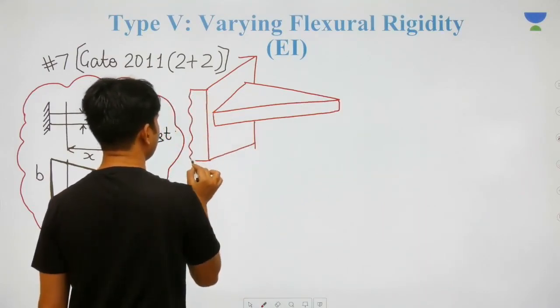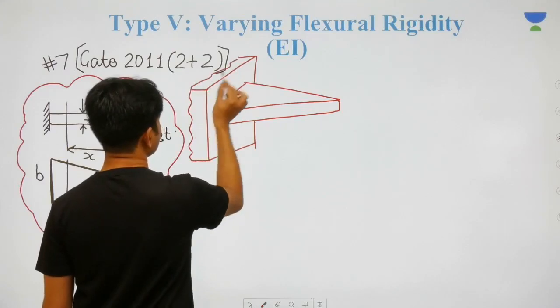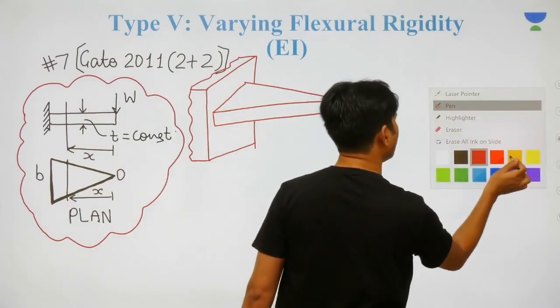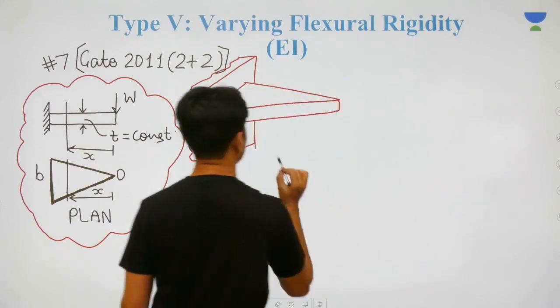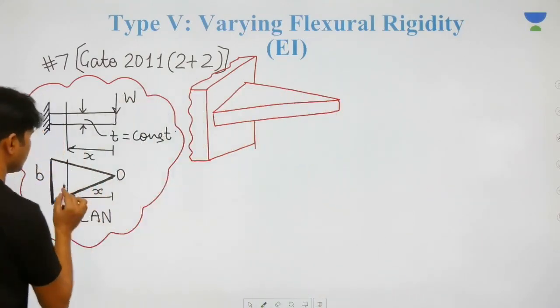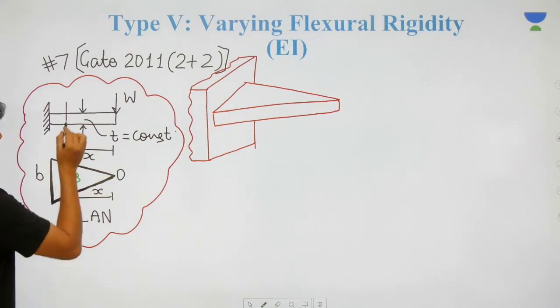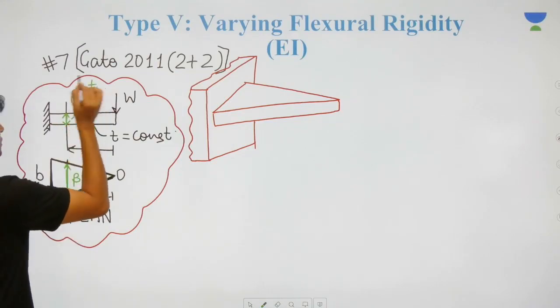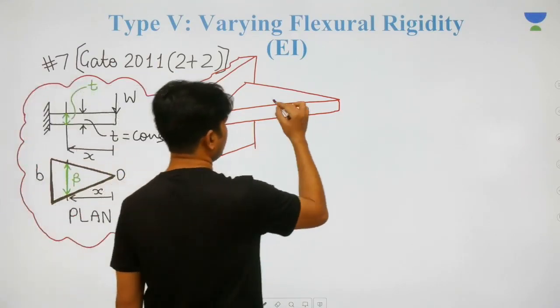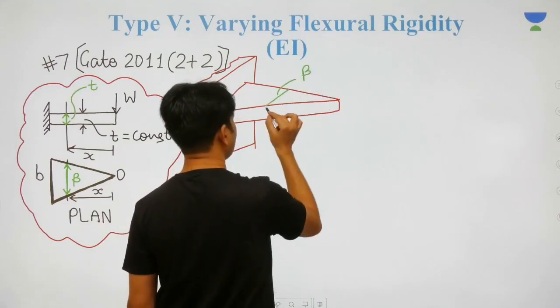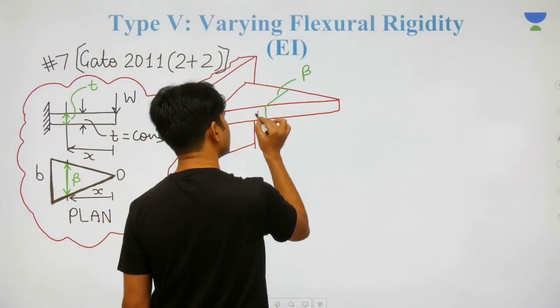No, sir. The beam may be triangular, but its cross section is still rectangular. At any given random x position, the width is beta and the thickness is t.